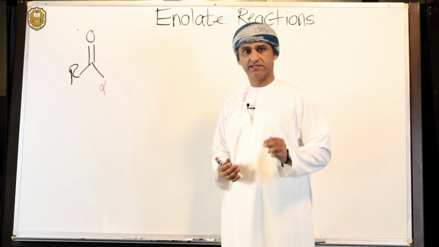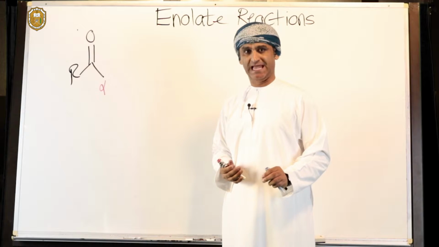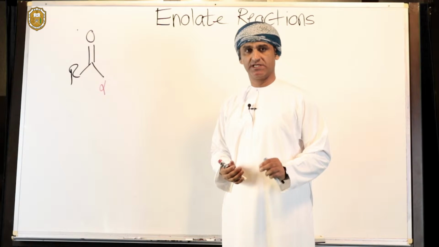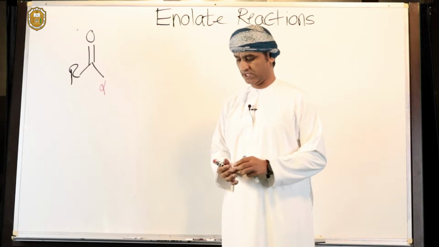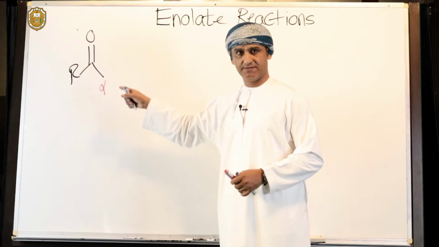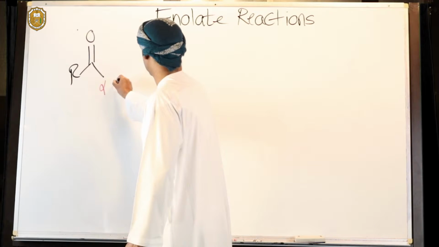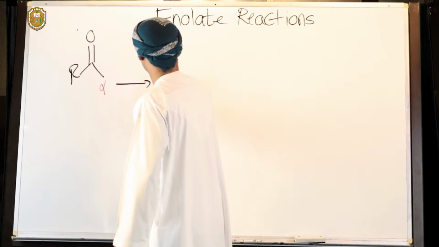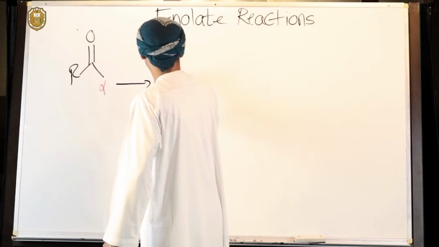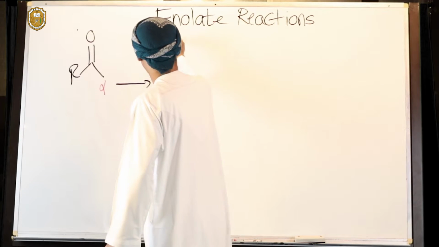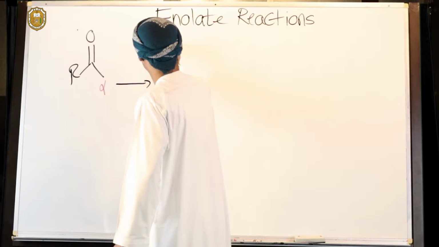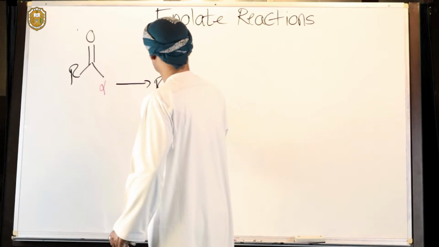It's acidic. That's because the conjugate base is stabilized by resonance, and we have talked about that before. So if this ketone is converted into the corresponding enolate, then an enolate of this type is obtained.